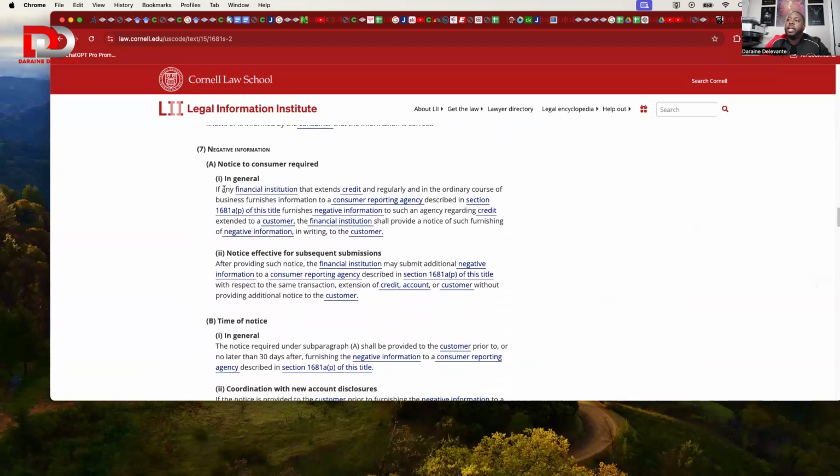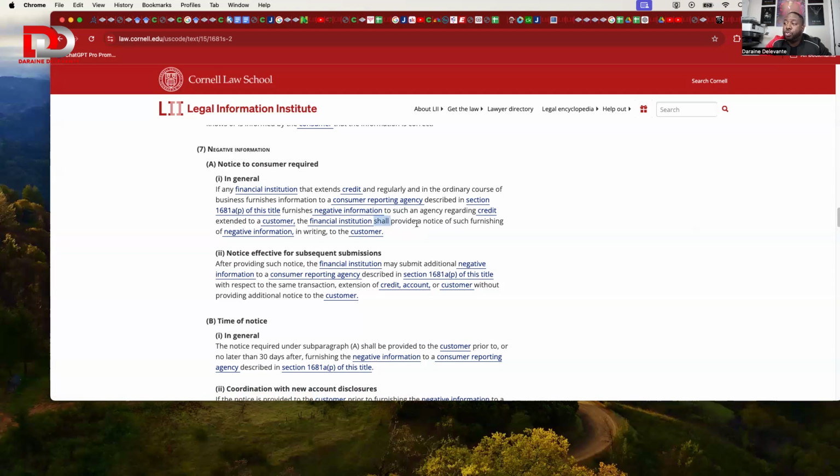So if any financial institution that extends credit and regularly and in the ordinary course of business furnishes information to a consumer reporting agency described in Section 1681AP, furnishes negative information to such agency regarding a credit that was extended to the consumer, the financial institution shall provide what? Look at the word here, shall provide.